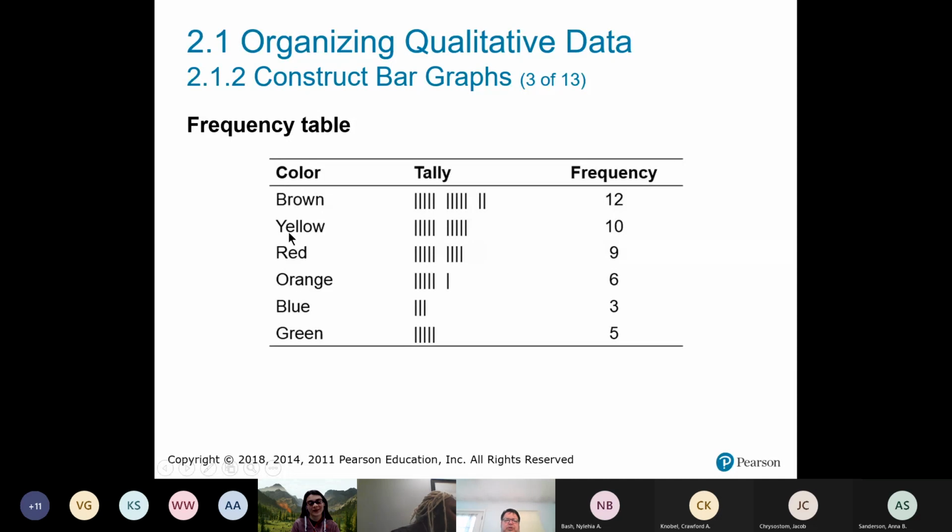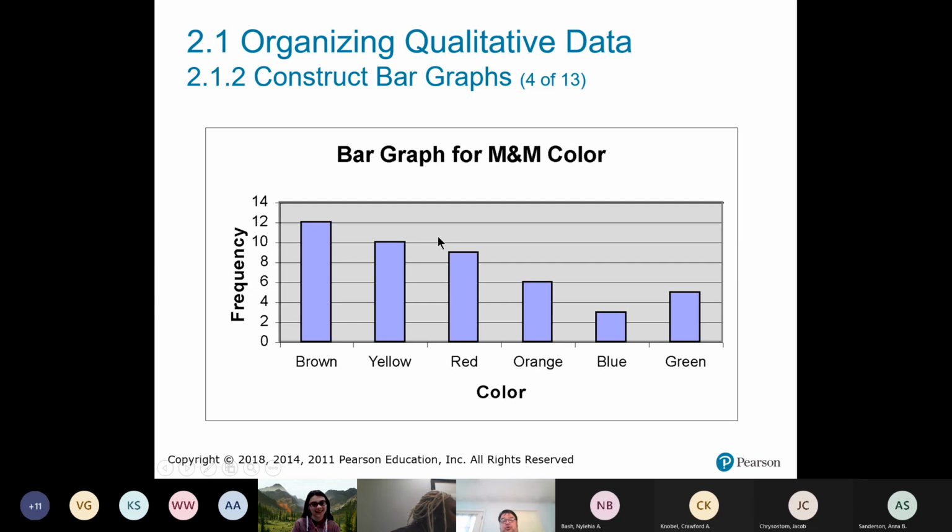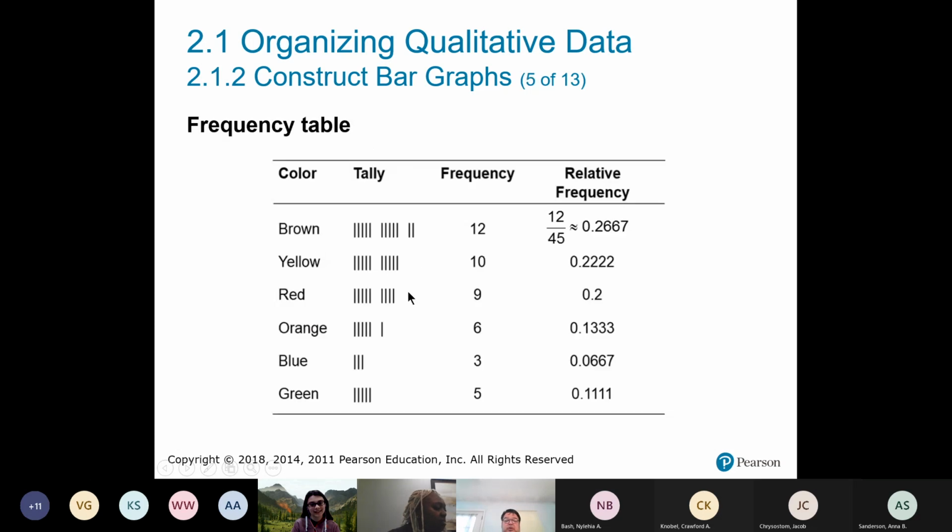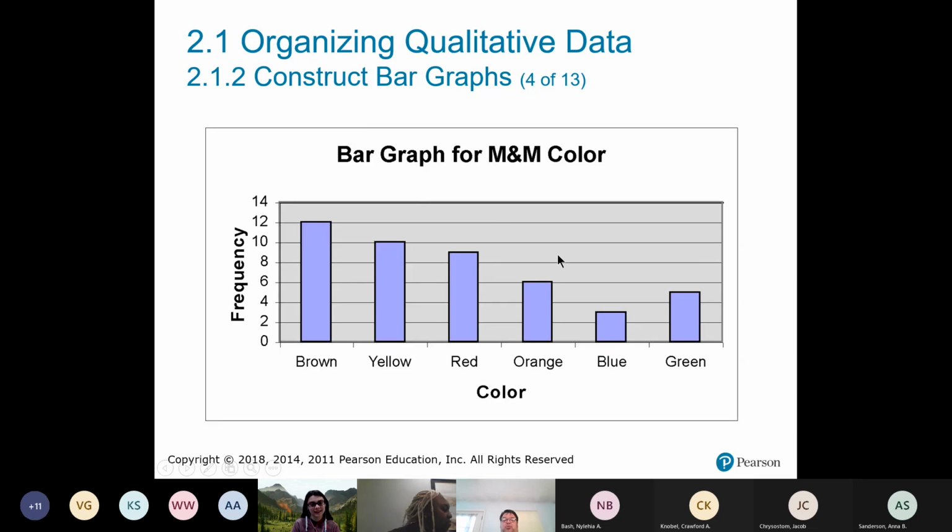But you separate the colors. And this is what you're going to do in your project. After you do all the counting and everything, you might want to make a couple of frequency tables and bar charts, however you want to do it.